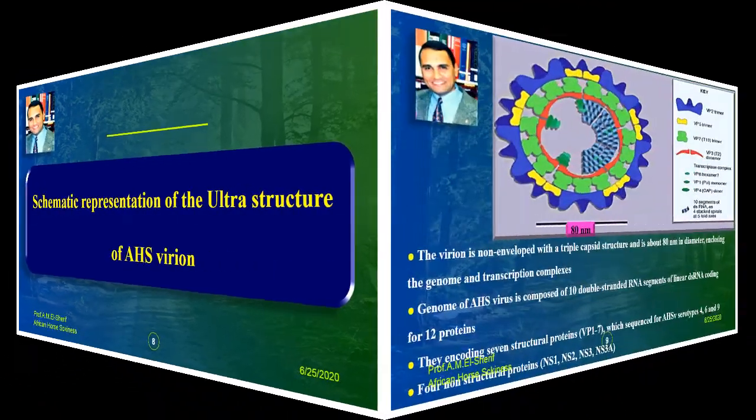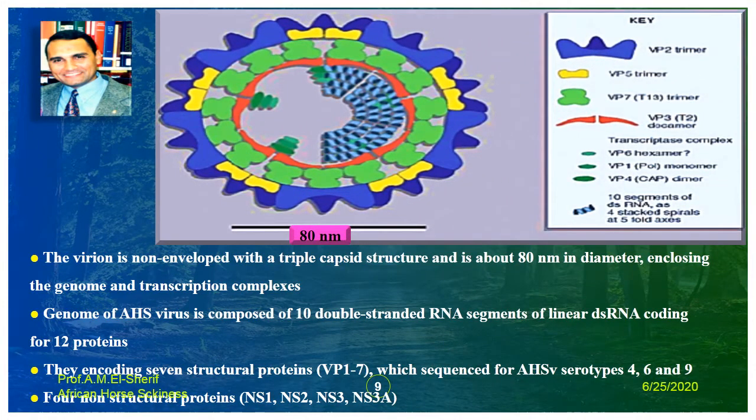The African horse sickness virion is non-enveloped with a triple capsid structure and is about 80 nanometers in diameter, enclosing the genome and transcription complexes.